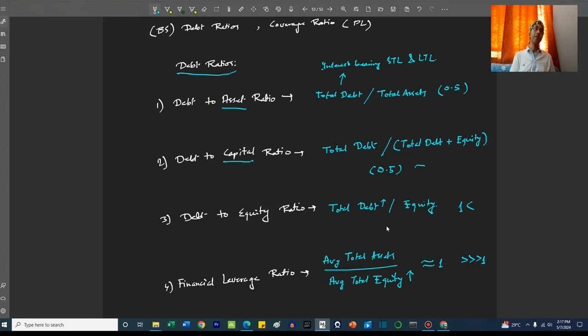If it is very close to 1, that means there is very little equity, which is a very bad sign. You do not want that. Similarly for total debt by total assets. If the number is 0.5, the equity and the debt are almost evenly balanced. But the closer it gets to 1, the worse the number is. You do not want that.